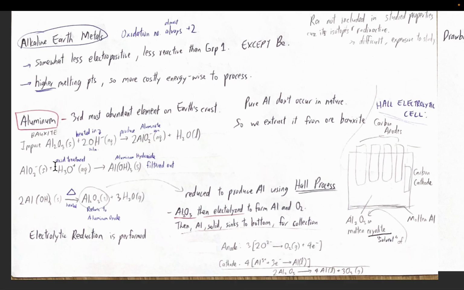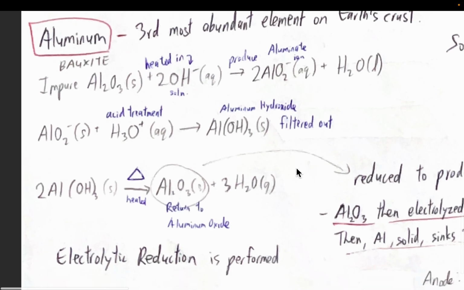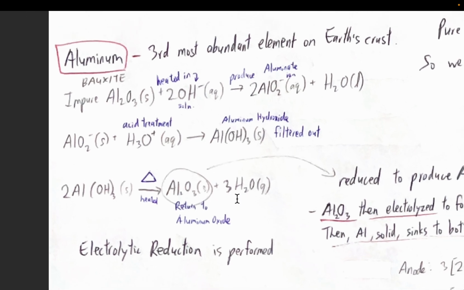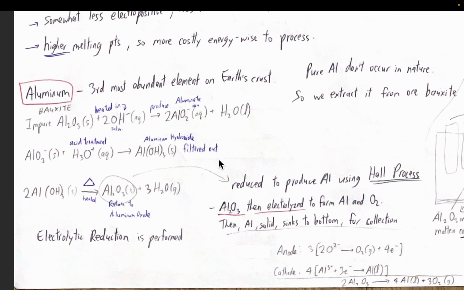Next, this aluminate ion undergoes acid treatment, and basically aluminum hydroxide is filtered out. This aluminum hydroxide, when heated, returns back as aluminum oxide, Al2O3, and water is also produced. From here, aluminum oxide is reduced in order to produce aluminum using something called the Hall process.